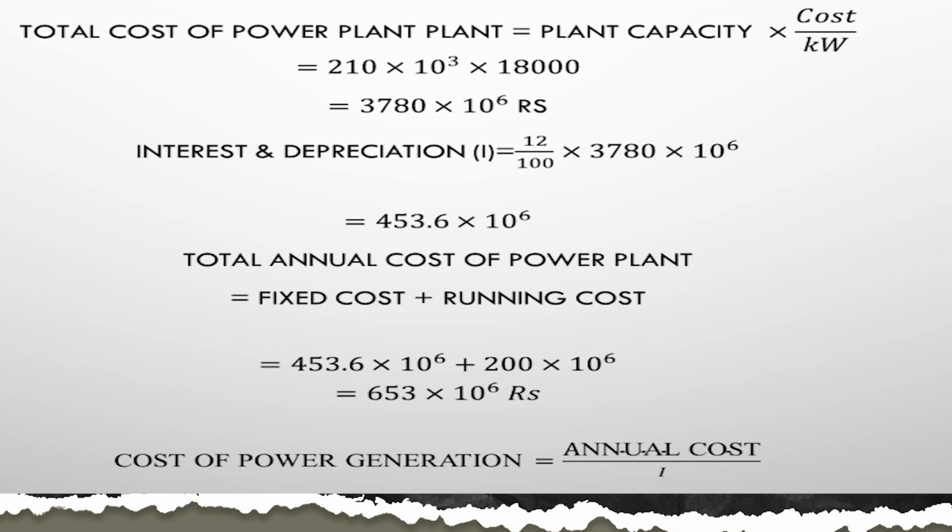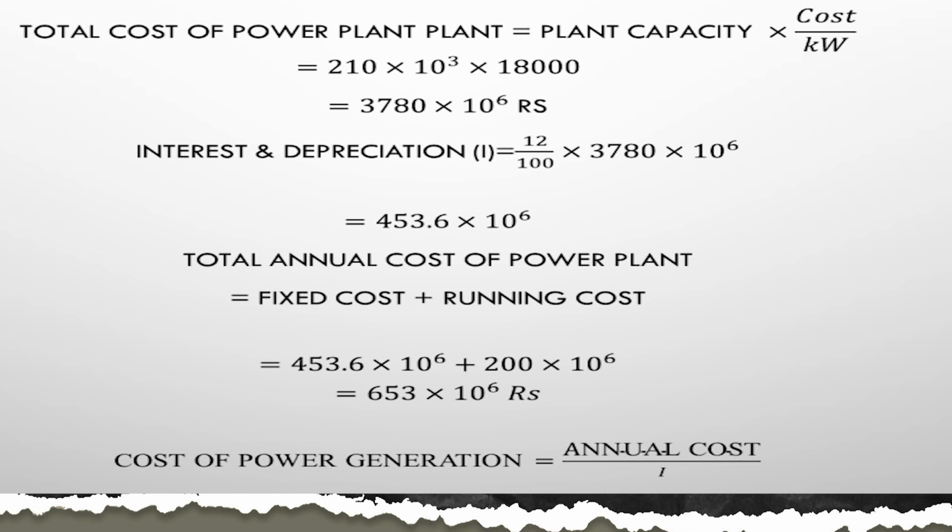Then interest and depreciation, I can add, 12% is there. So 12 divided by 100 into 3780 into 10 raised to 6. This total thing I have to add in the above thing, that is 453.6 into 10 raised to 6 rupees.